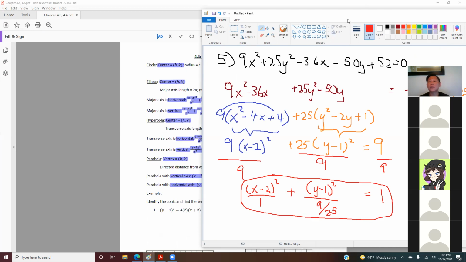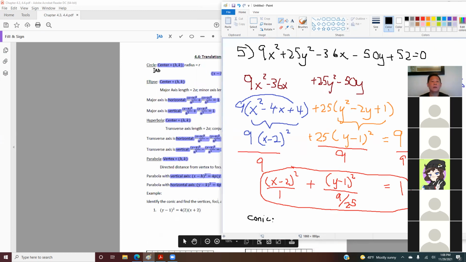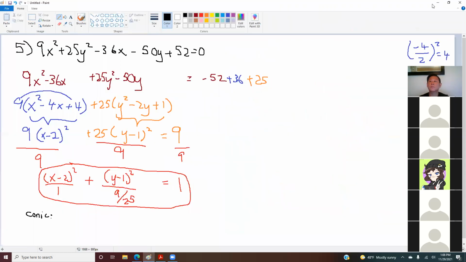Now looking at your formulas, you have to tell me what kind of conic section this is. Is this a circle, an ellipse, a hyperbola, or a parabola? Ellipse.